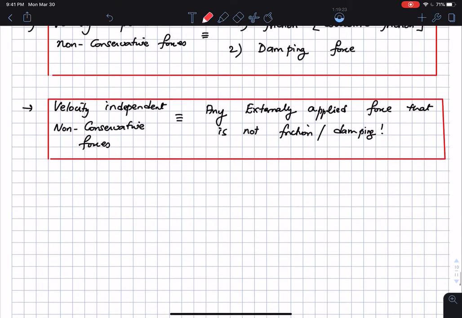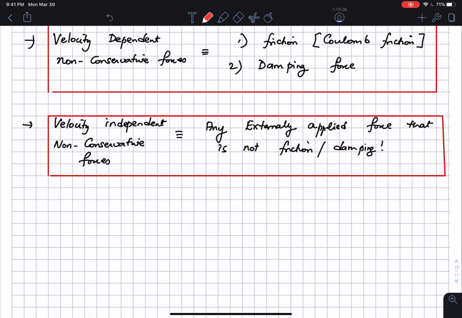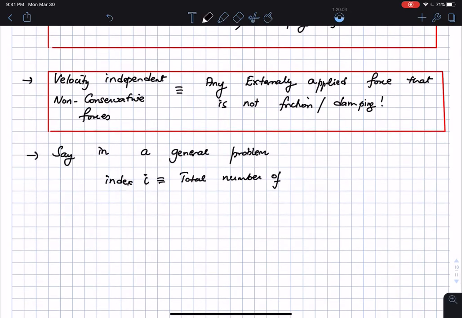And so how do we write our expression now? Say in a general problem, the index I is the total number of velocity dependent non-conservative forces.